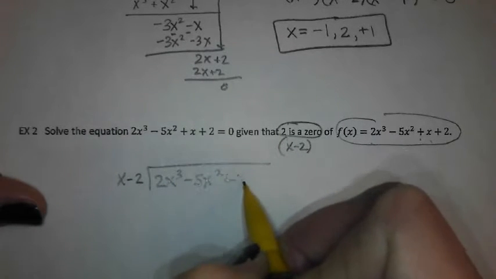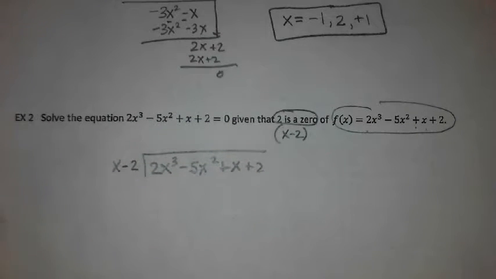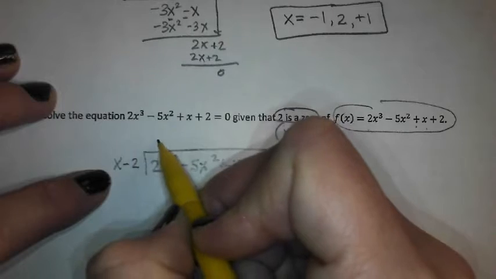And because it's a factor, we know we should be getting a remainder of 0. So 2x squared.